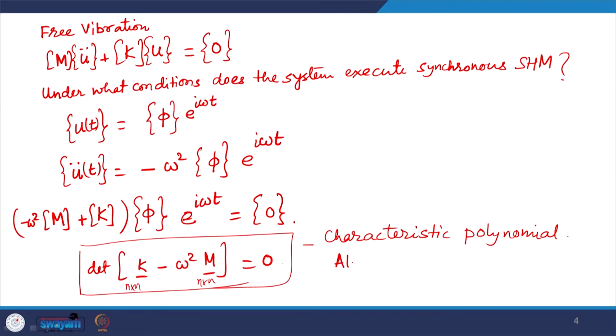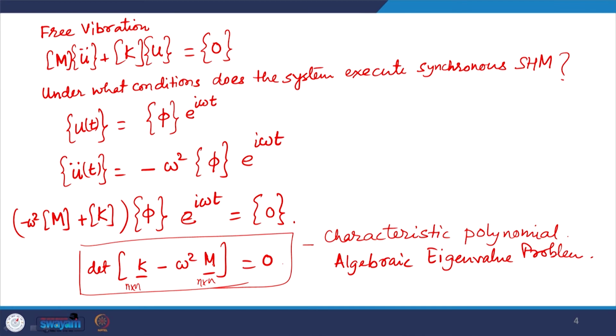Now, that would be proportional. So, if phi is an amplitude vector, a corresponding amplitude vector of a simple harmonic motion, any constant multiple of phi is also an admissible amplitude vector, because they all move proportionately. The solution of this is referred to as the eigenvalue problem or the algebraic eigenvalue problem, and this has tremendous applications in different fields of science and engineering.